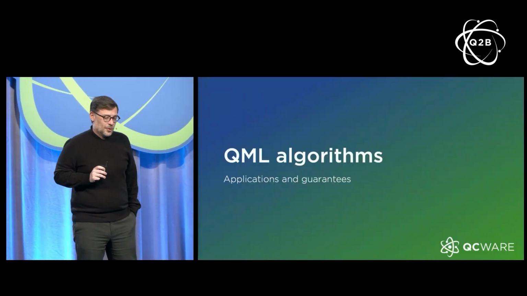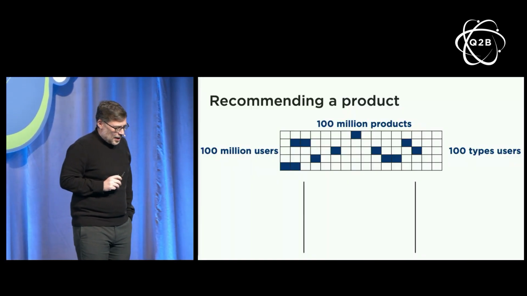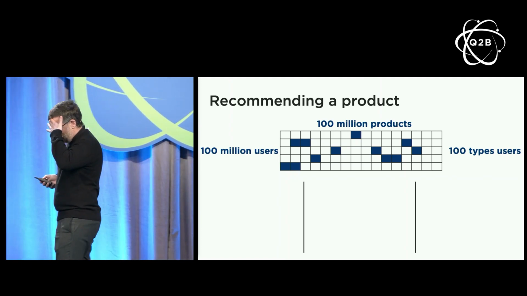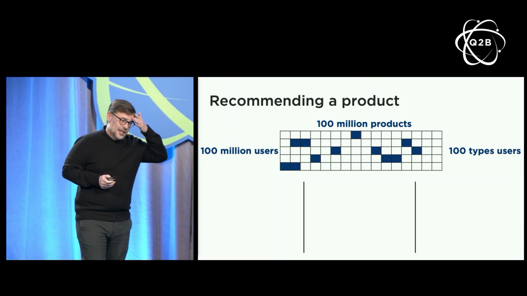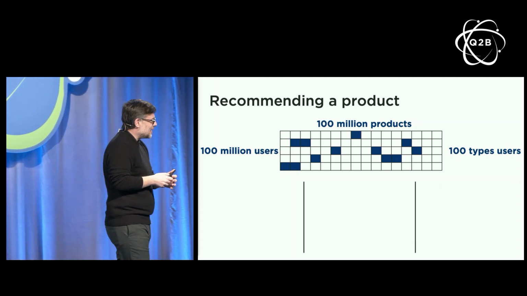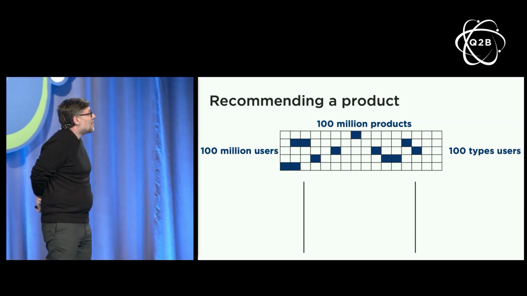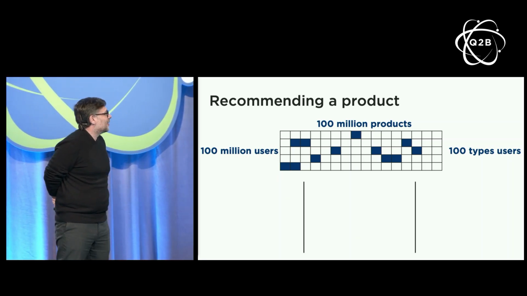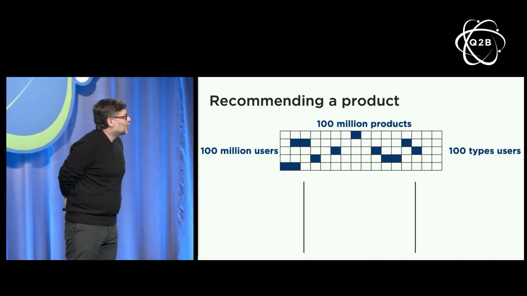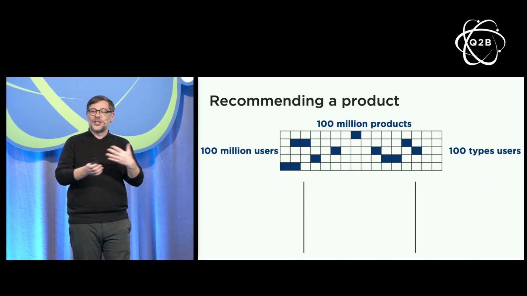So let me go now to the quantum machine learning algorithms. Here is one of the first applications that we came up with a couple of years ago. It kind of made the news for many different reasons. Here is how we define this problem. It is a very simple problem. You have a number of users, you have some products, and you have this matrix where you see if a user likes a product or not.